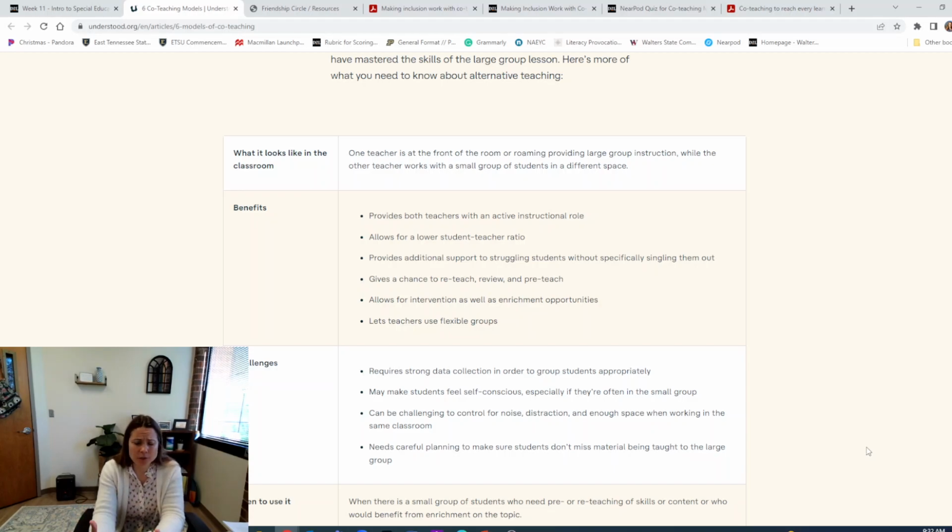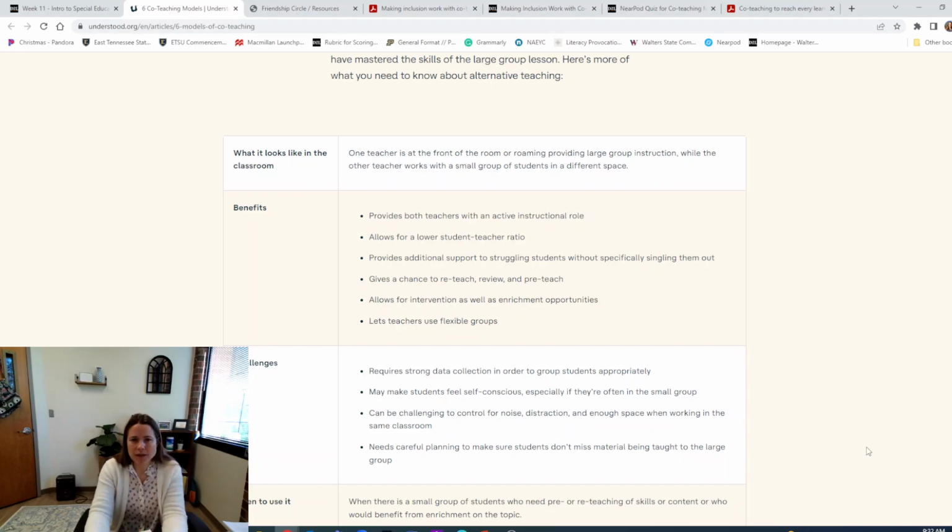This gives you a chance to reteach a skill they're not getting in the core instruction, review something, or even pre-teach vocabulary. So think about the students who need extra support, or those ELL students. They may need you to pre-teach them something before they can get into the core content. So these are things to think about as well.